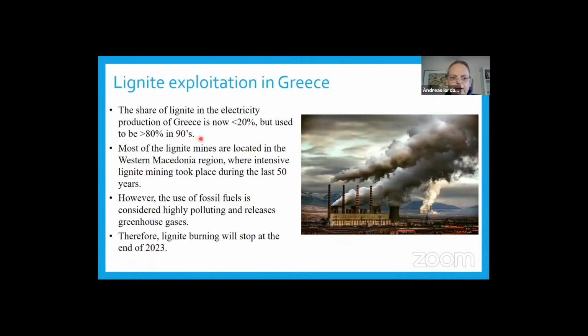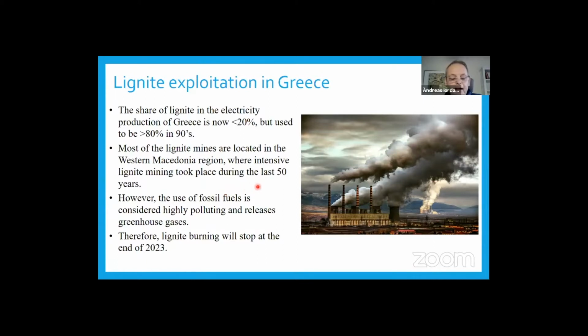You should know that the share of lignite in the electricity production of Greece is now below 20%, but in previous years, especially in the 90s, it used to be over 80%. So we were a country that used lignite for energy production, for electricity. Most of these lignite mines are located in the region where I live and where my university is, the Western Macedonia region in northern Greece, where we have had intensive lignite mining during the last 50 years.